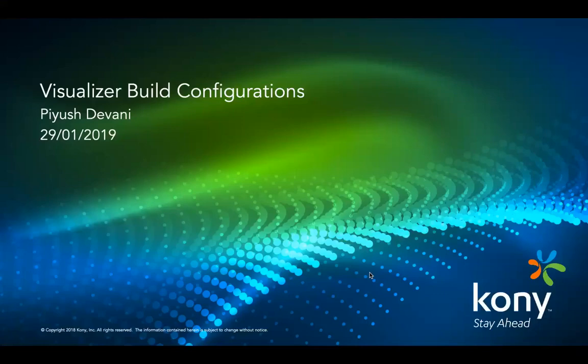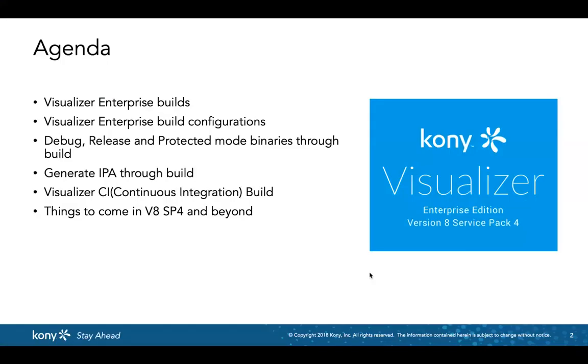I'll be starting with Visualizer build configurations. The agenda for today's webinar is to cover the Visualizer Enterprise builds, the type of builds that Kony Visualizer Enterprise offers, the build configurations that are required to generate native and web binaries, and the types of binaries that you can generate through Visualizer: debug mode binaries, release mode binaries, and protected mode binaries.